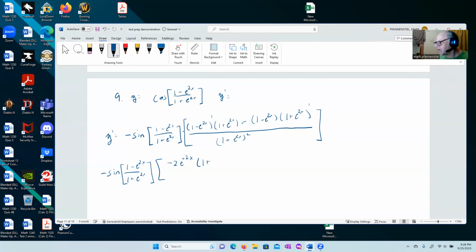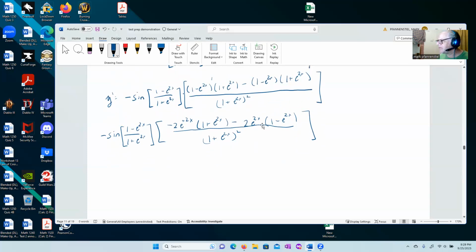And I still have 1 plus e to the 2x here, minus, and then I'm going to take this derivative here. So this is going to be 0, 2e to the 2x times 1 minus e to the 2x, and this is all over 1 plus e to the 2x, all squared. And we'll get with all of that when we need to.